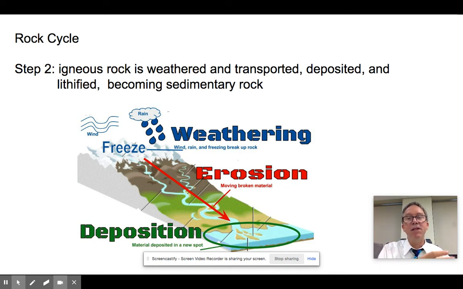And then those get transported downhill by wind and water. And then when that wind or water slows down, deposition occurs, which tends to sort out the different size particles. And then they get compressed and lithified and become sedimentary rocks. And so that's the second step, the transition from igneous rock to sedimentary rock, which again involves weathering, transportation, deposition, and lithification.